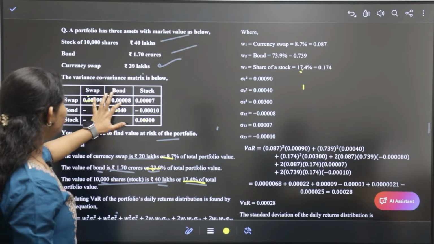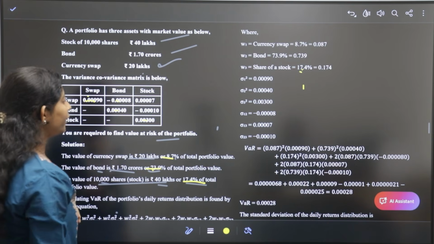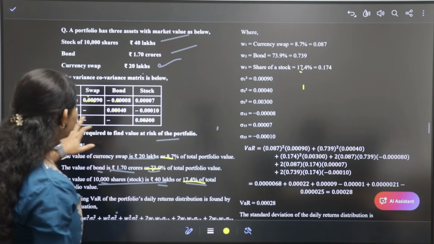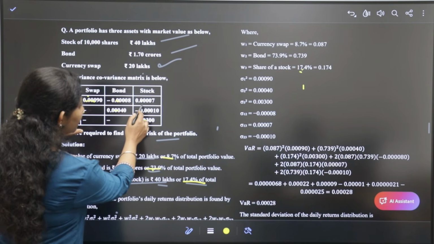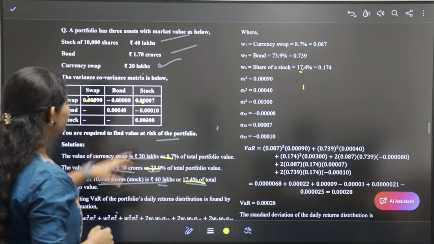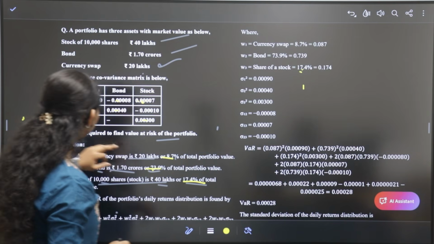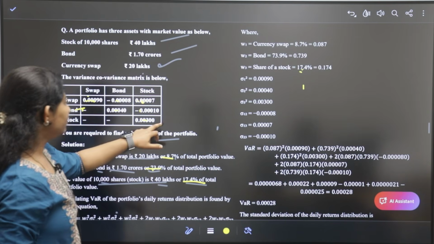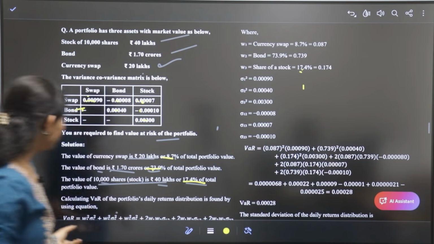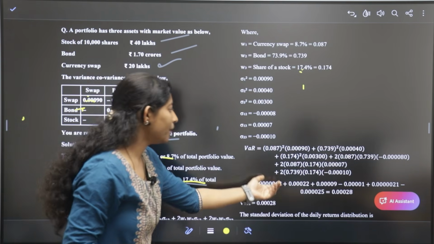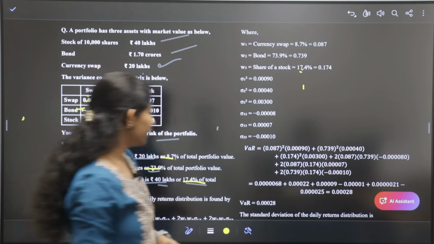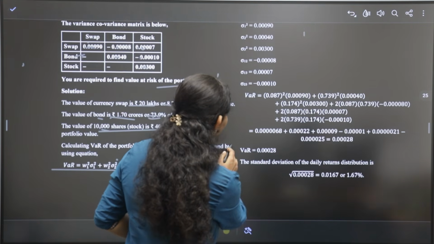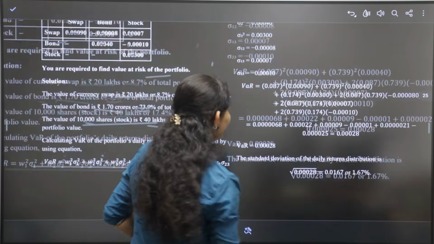Standard deviation 13 is 0.0007, and 23 is minus 0.0010. Keep this formula and put in all the values. If you calculate with this formula, you will get the value at risk of 0.0028.